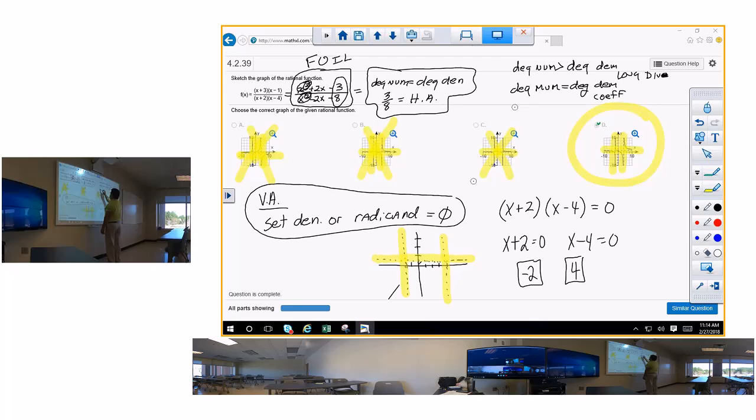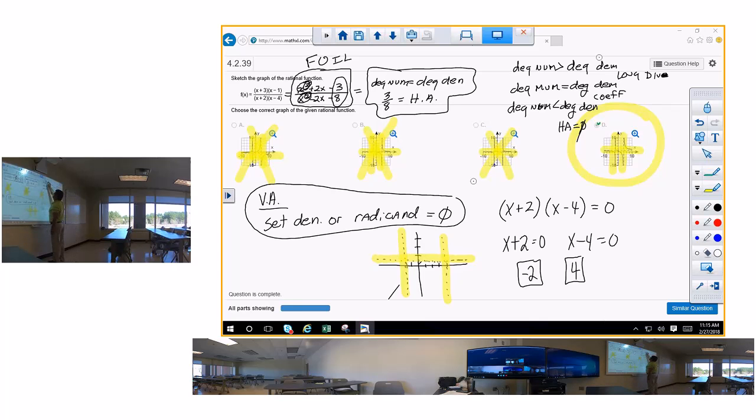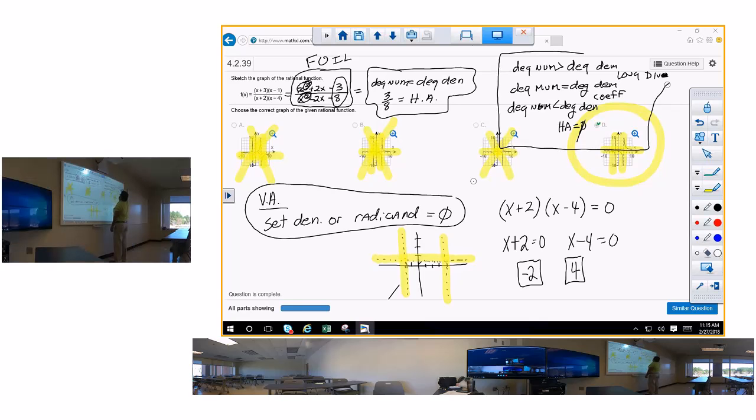If the degree of the numerator is equal to the degree of the denominator, then you just use the coefficients. Plug in 0 for x, and whatever's left is the horizontal asymptote. In this case, it was 3/8, because -3 over -8 is positive 3/8. And if the degree of the numerator is less than the degree of the denominator, then the horizontal asymptote is equal to 0. It's in the book, a bluish gray box in the middle of the page, and it has tests for vertical and horizontal asymptotes.